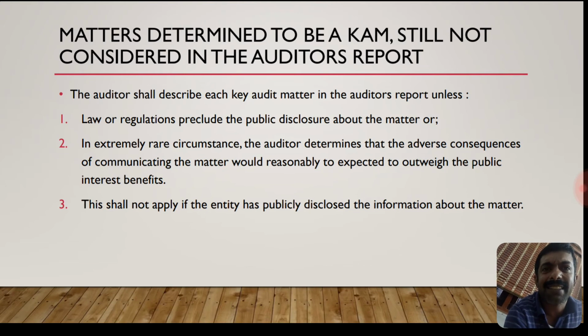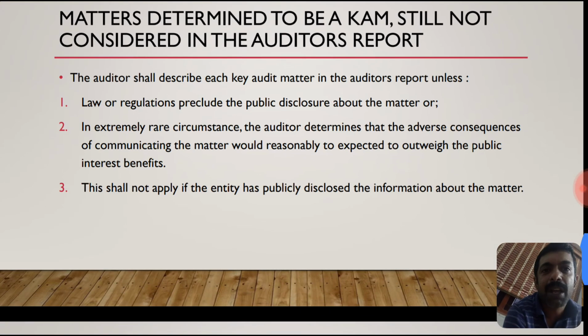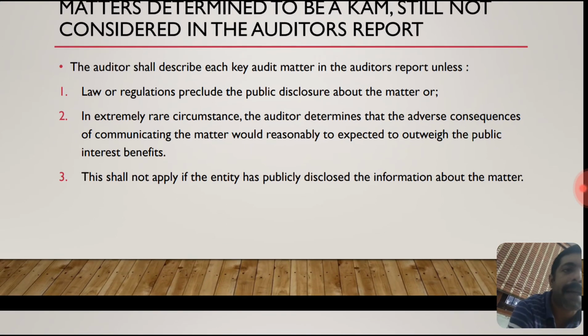Then there are certain circumstances where, though it is a key audit matter, it will not be included in the auditor's report. First reason, laws and regulations preclude the public disclosure about the matter.